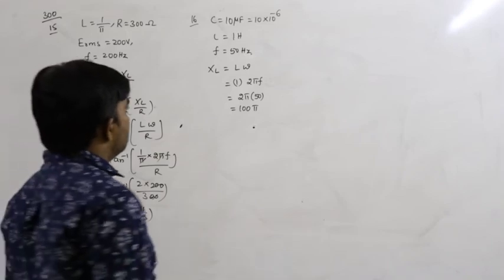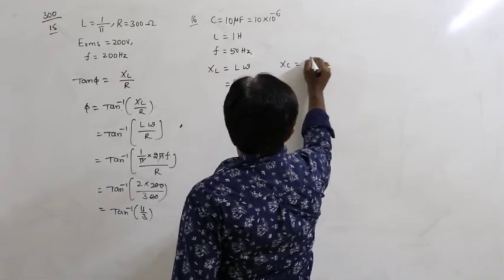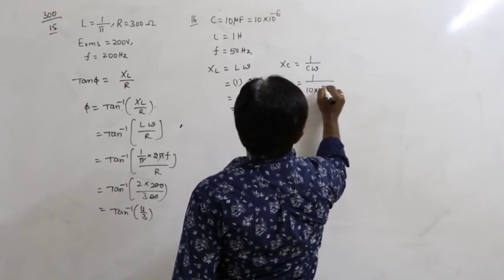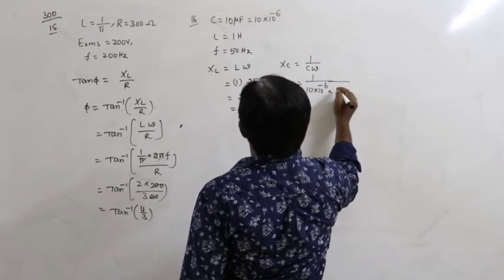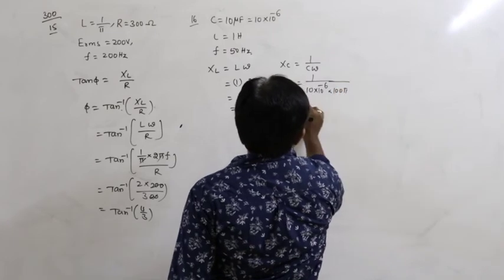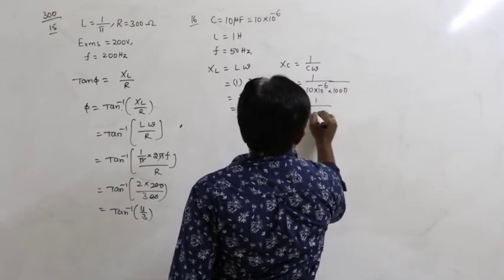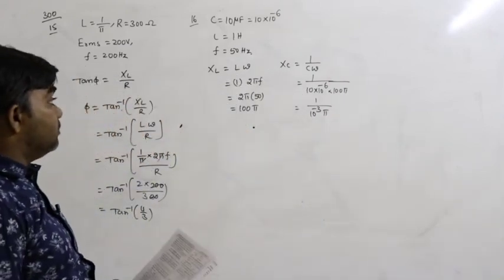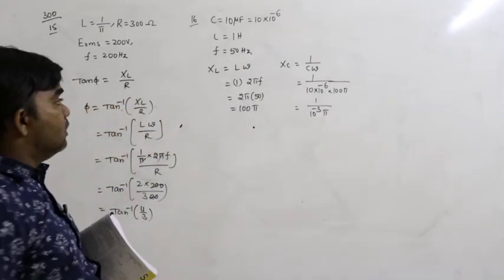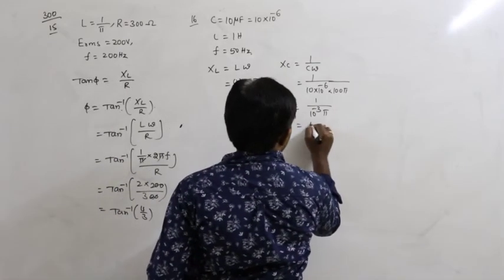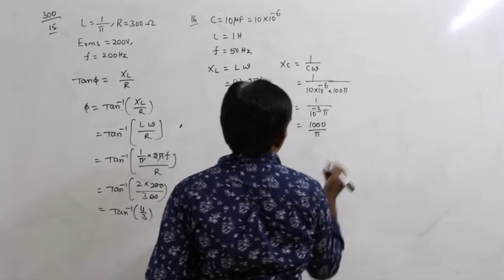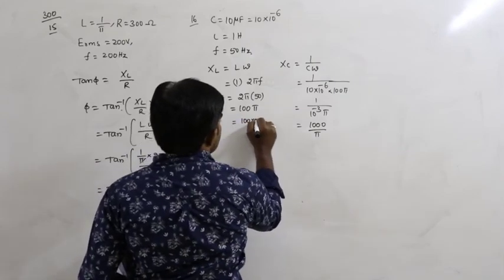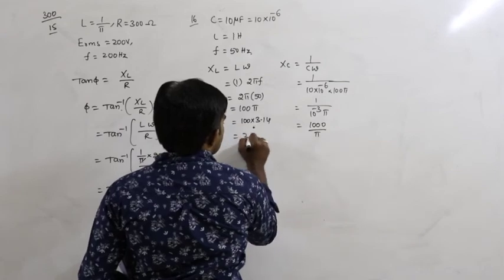Calculate XC, 1 by C omega. C is 10 into 10 power minus 6, omega is 2 pi f, that is 100 pi. So that is 1 by 10 power minus 3 pi, that is 1000 by pi. XL is 100 into pi, 3.14, so this is 314.